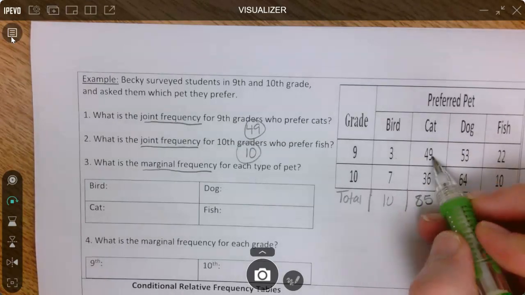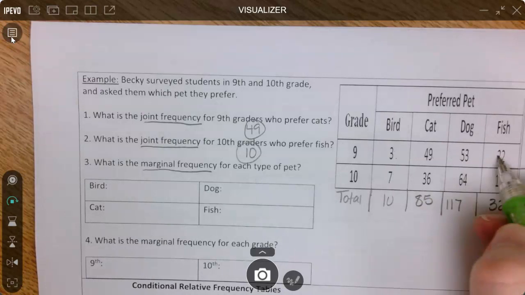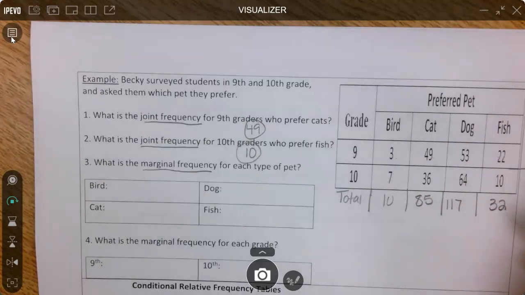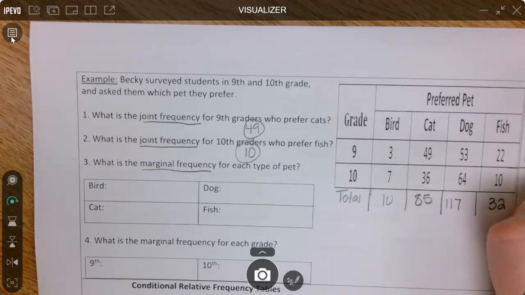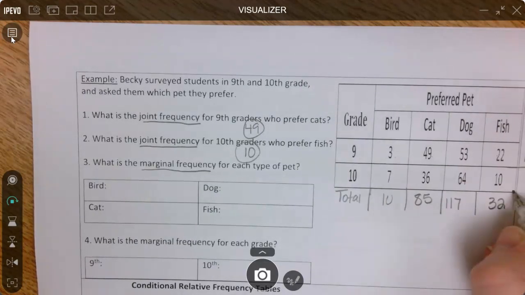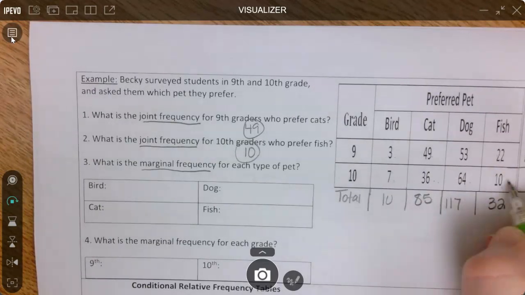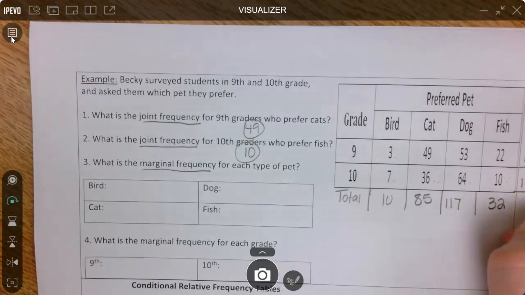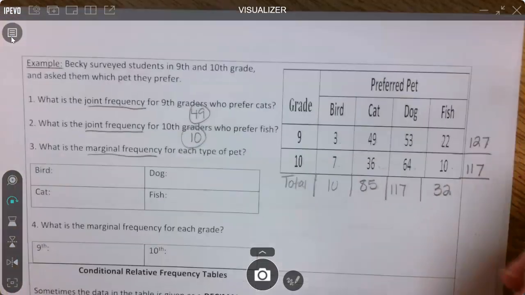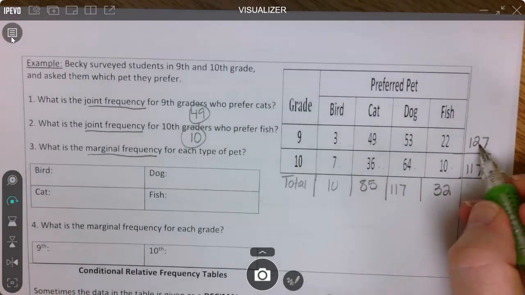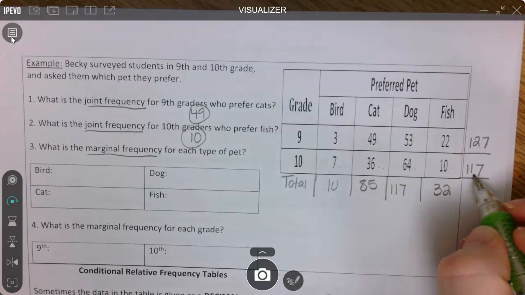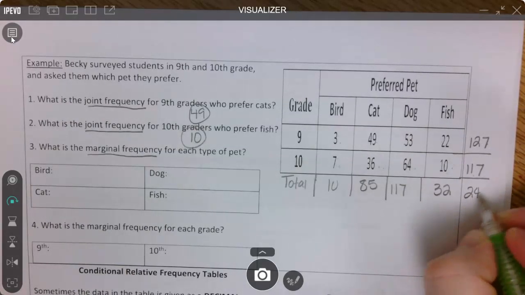When you add all 4 of these together, you get 127. When you add all 4 of these together, 7, 36, 64, and 10, you get 117. Sorry, y'all can't see that. When you add 127 plus 117, you get 244.